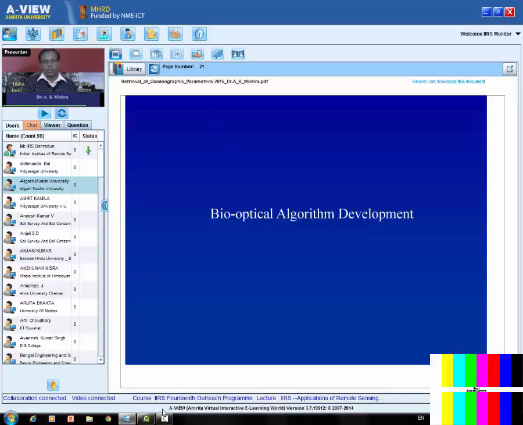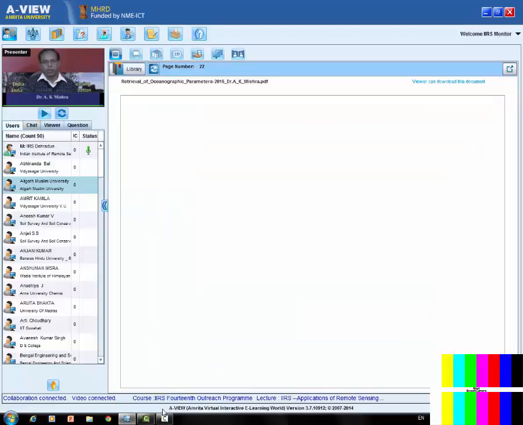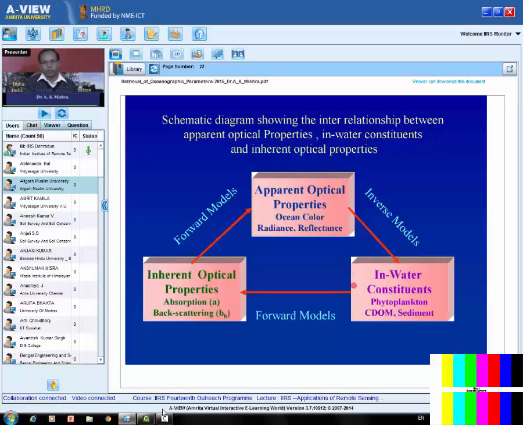So now I will be briefly telling you about the bio-optical algorithm development. So the water constituents, that is phytoplankton, colored dissolved organic matter and sediments, are present in the water, and you have to study the inherent optical properties like absorption and backscattering characteristics of each of the substances, and then you have to model, as I have shown you, R is equal to 0.3 bb by a.